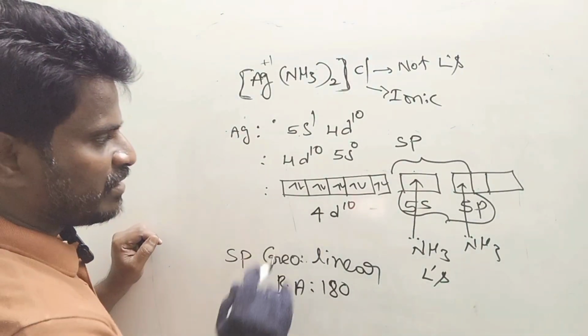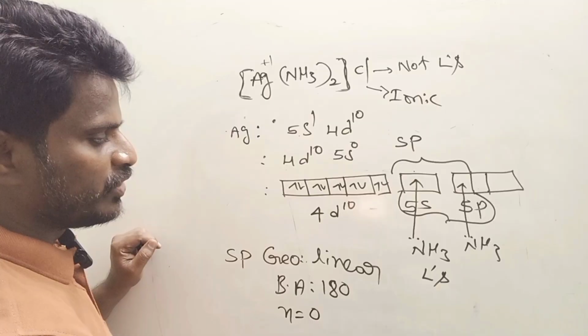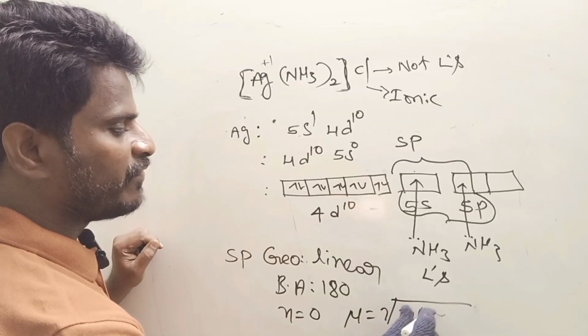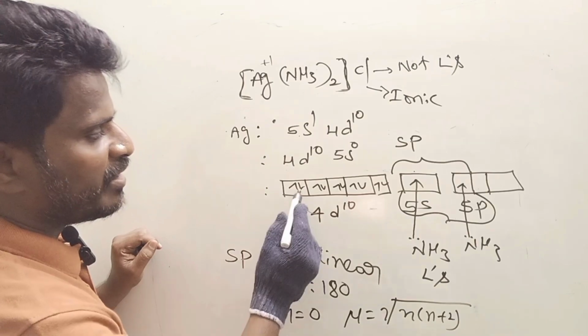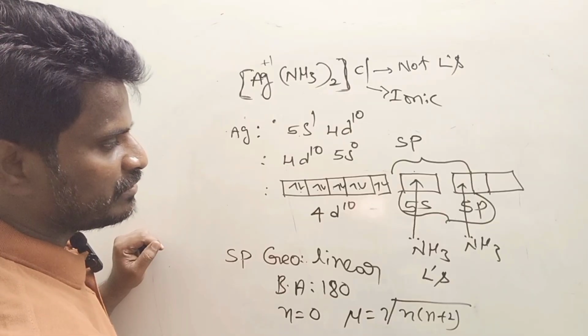In the formation of the complex, the number of unpaired electrons is equal to 0. Then magnetic moment mu is equal to square root of n into n plus 2, where n is the number of unpaired electrons after formation of the complex.